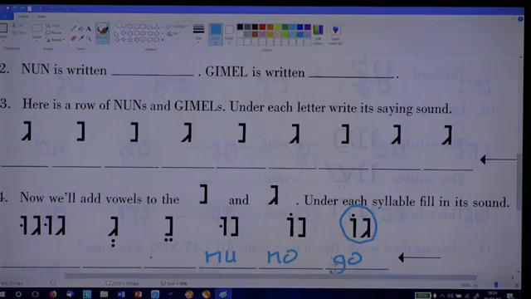That's new. Nay. This is ge. And this must be two syllables. How do I pronounce that? Goo goo. Okay?